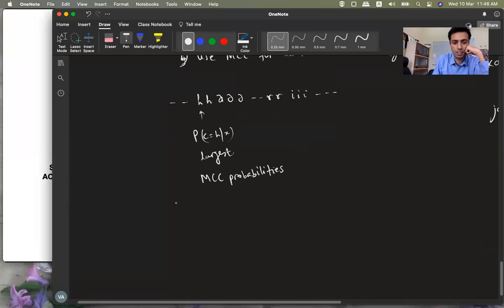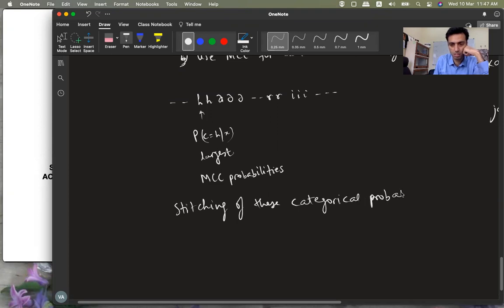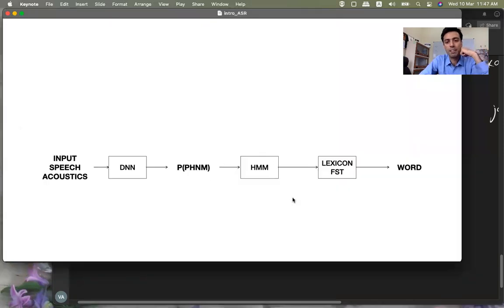So this stitching of these categorical probabilities, because this is a categorical distribution, is done by hidden Markov models. And then you have to do further stitching.